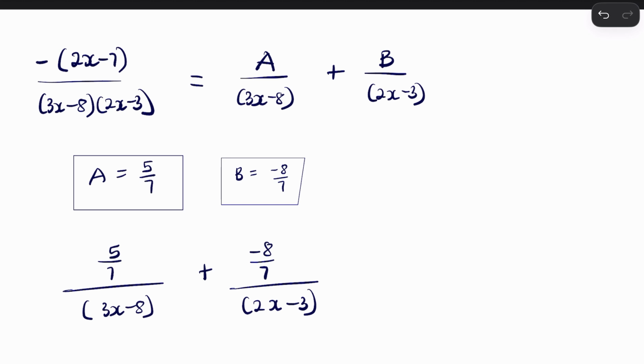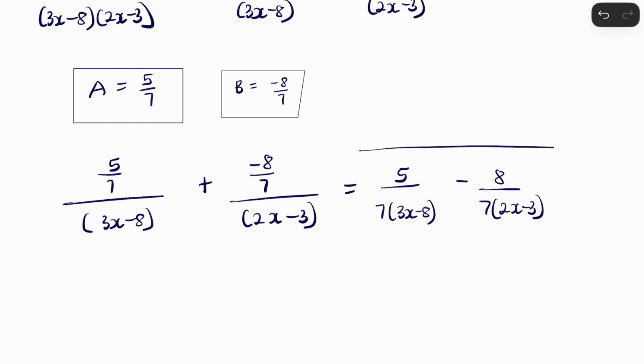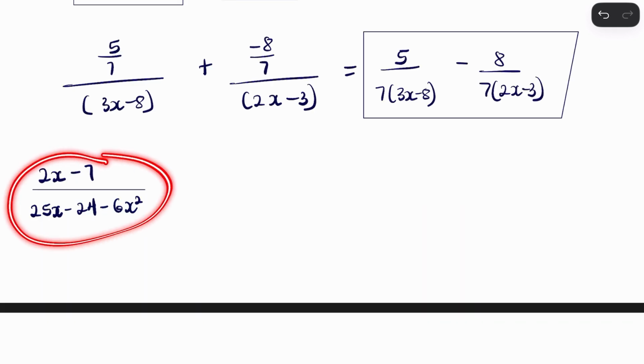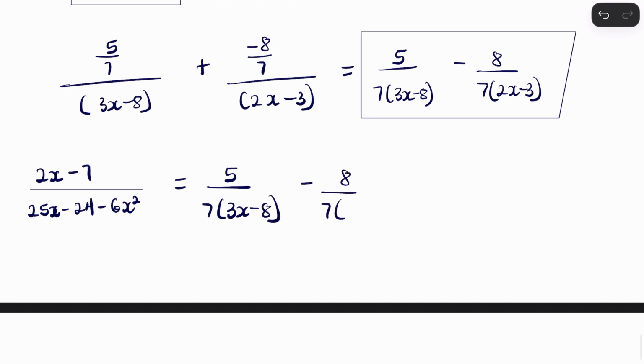And so we can simplify this further: 5/(7(3x - 8)) minus 8/(7(2x - 3)). And so this is the partial fraction decomposition. Hence, the partial fraction of this guy is equal to 5/(7(3x - 8)) minus 8/(7(2x - 3)).